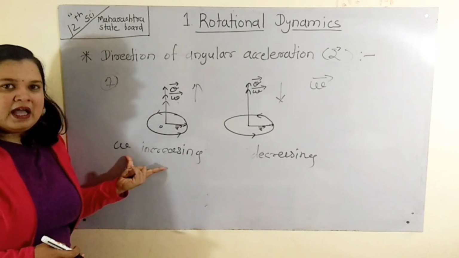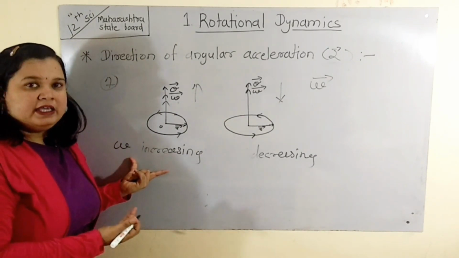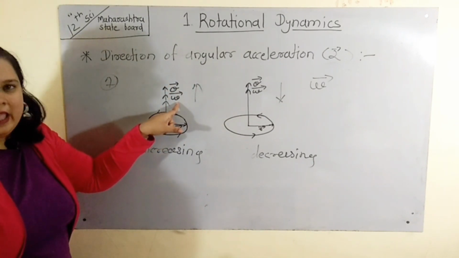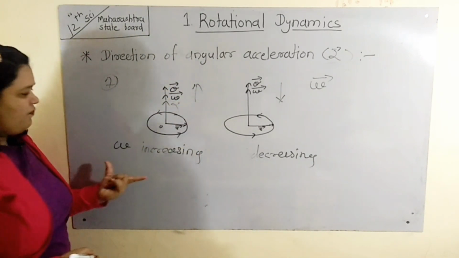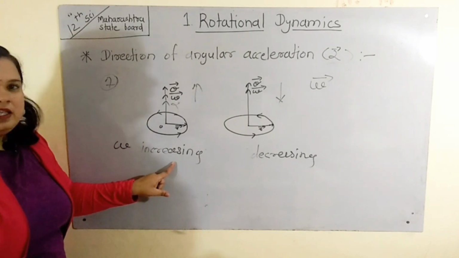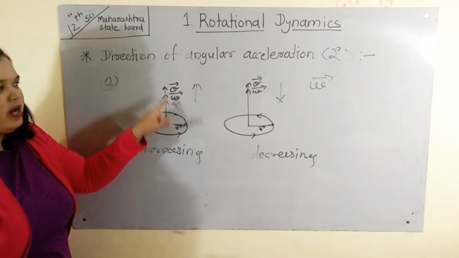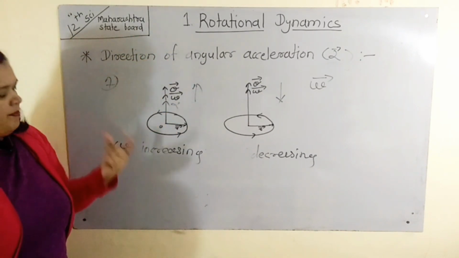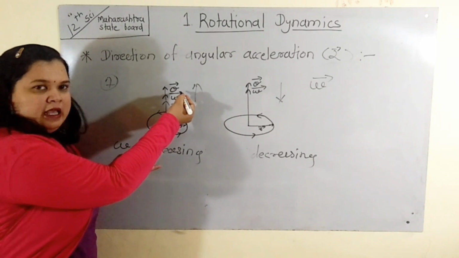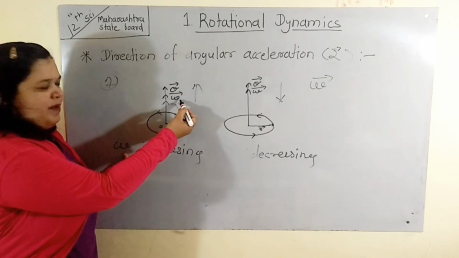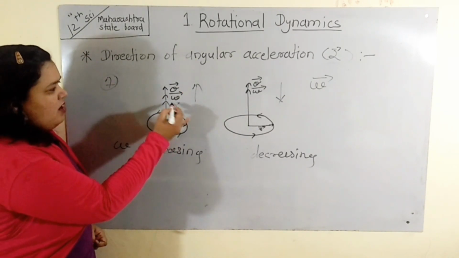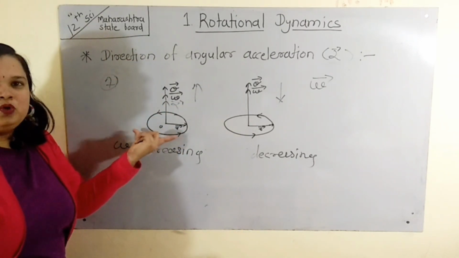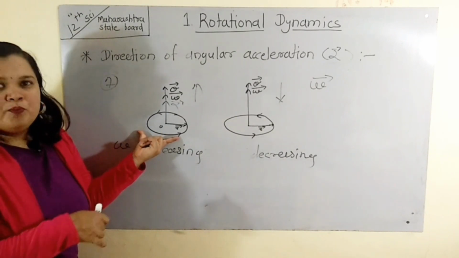In the first case, theta, that is angular displacement, omega, that is angular velocity, and alpha, that is angular acceleration, are all perpendicular to this plane or that motion.